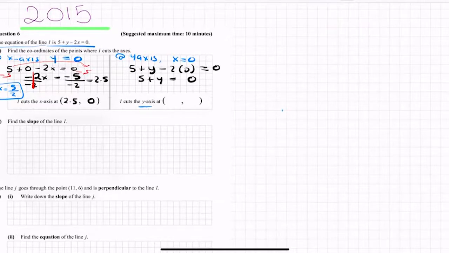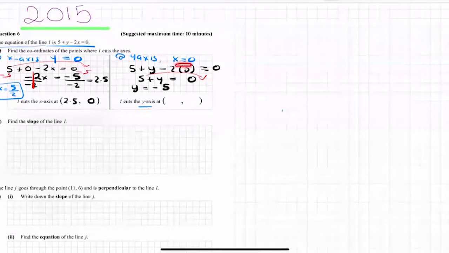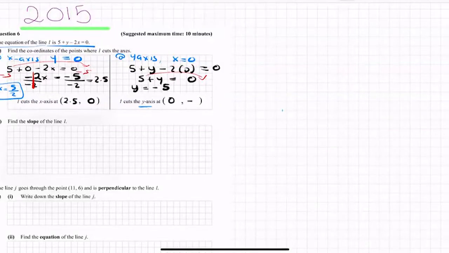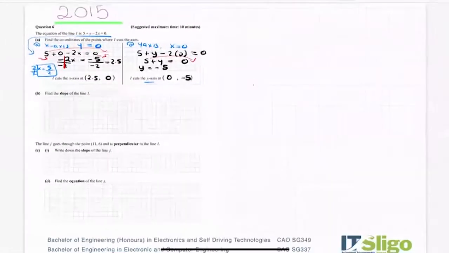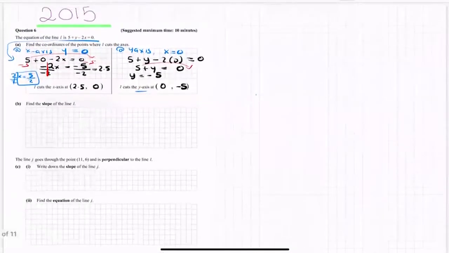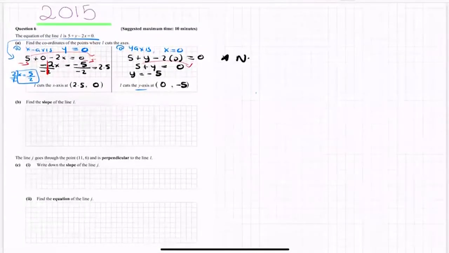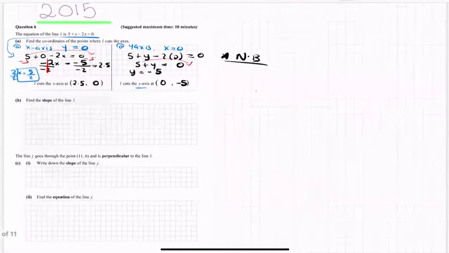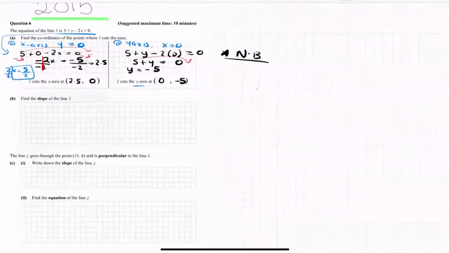Bring over the 5 and you get y being equal to minus 5. So it cuts the y-axis at, and you always put your x coordinate first, and on the y-axis the x is 0, minus 5. So that's how you find out where it cuts the x and y-axis. Very important question for higher level. This whole question is very important for higher level.